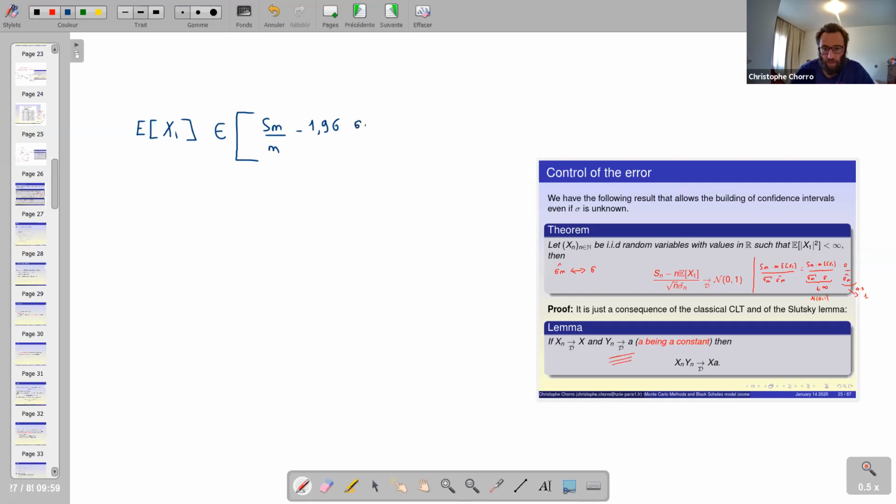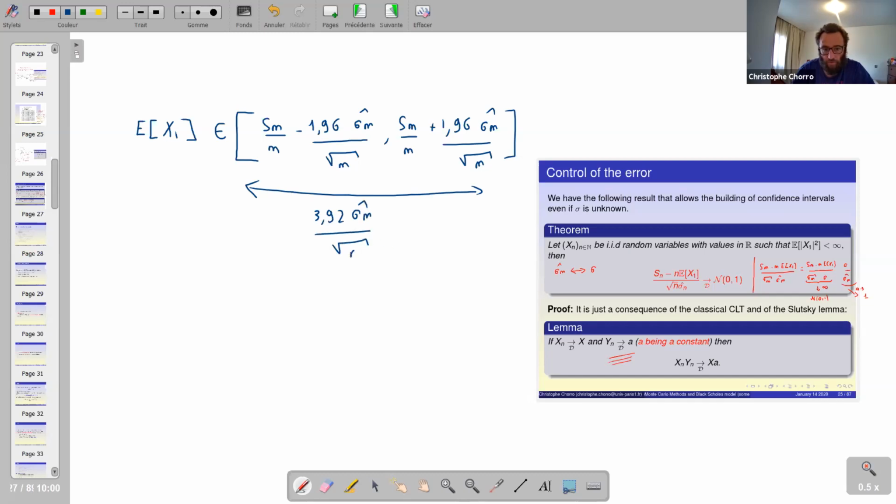Here you have sigma n hat over the square root of n, Sn over n, plus this one, with a size for the confidence interval that is 3.92 sigma n hat over the square root of n.